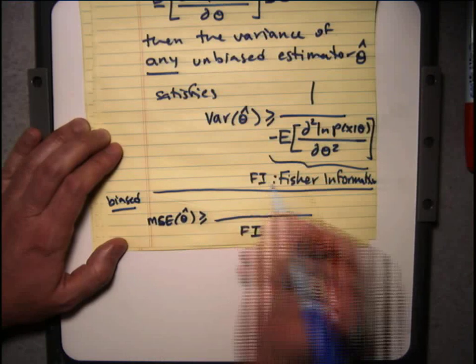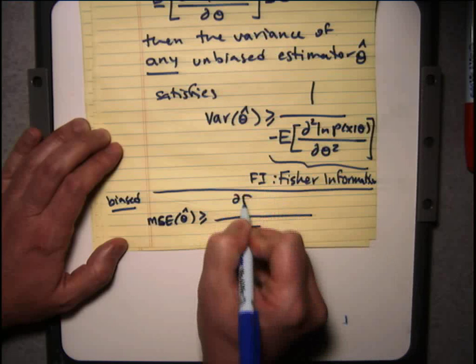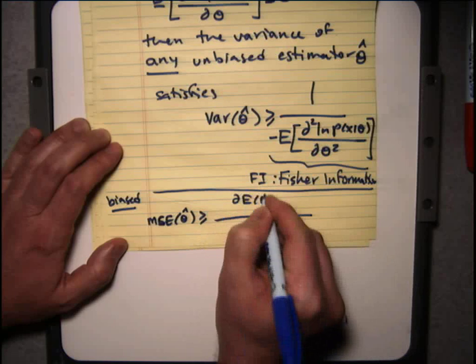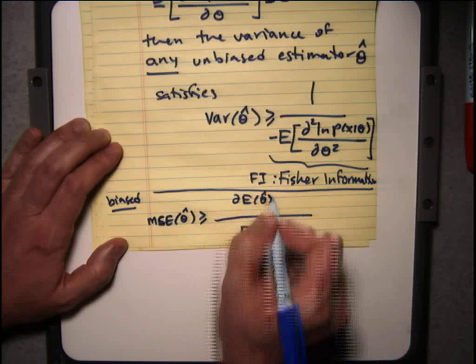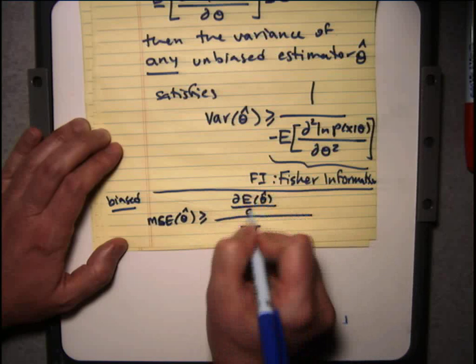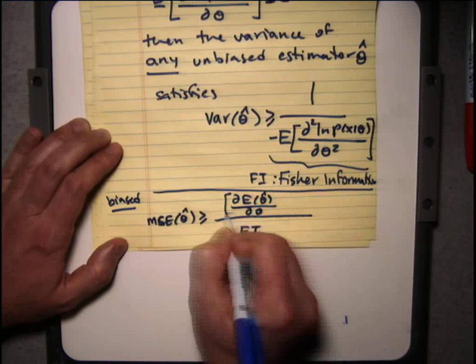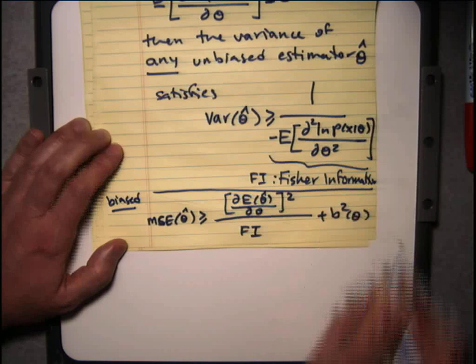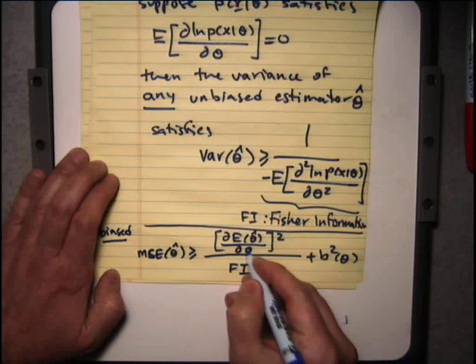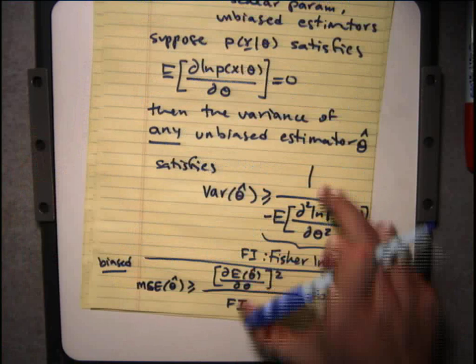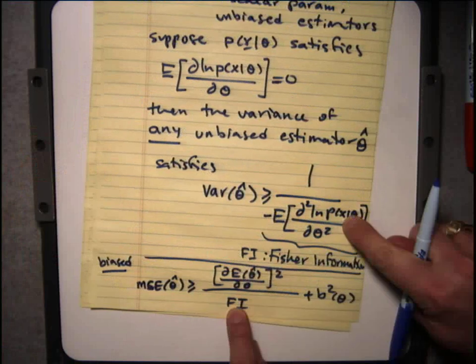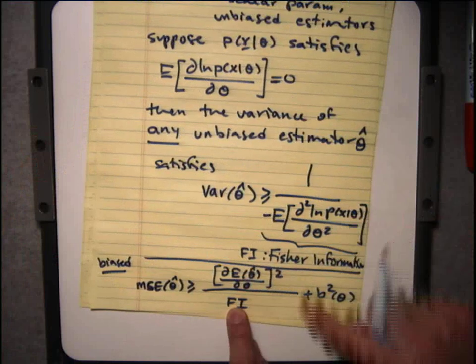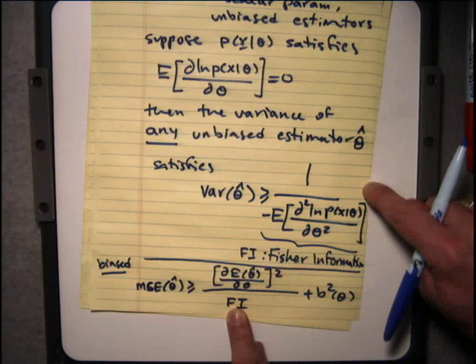The numerator is the derivative of the expected value of theta hat with respect to theta, squared, plus the square of the bias. Okay? So if you look at the difference between these two, the denominator is the same. This term is missing because here it's the unbiased case.